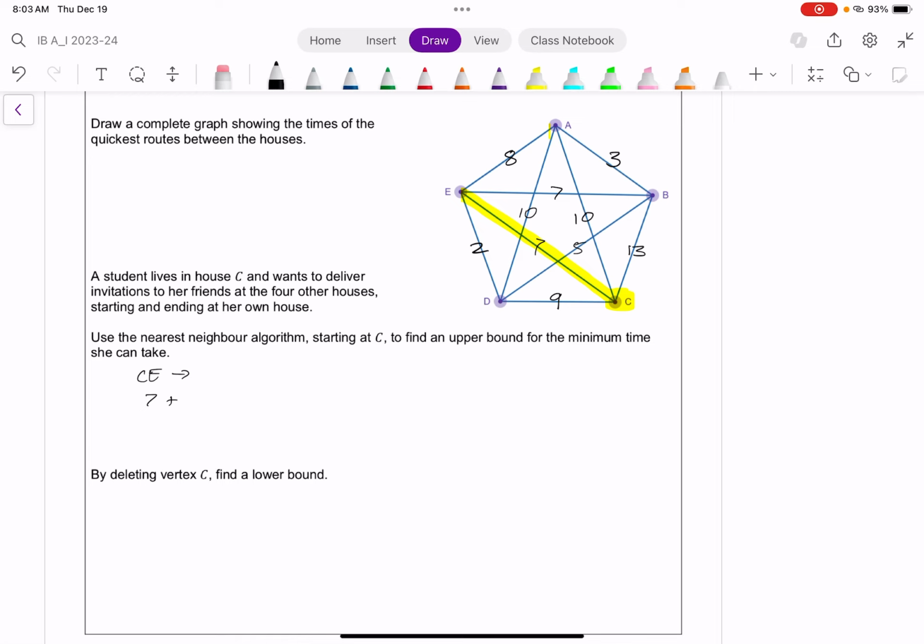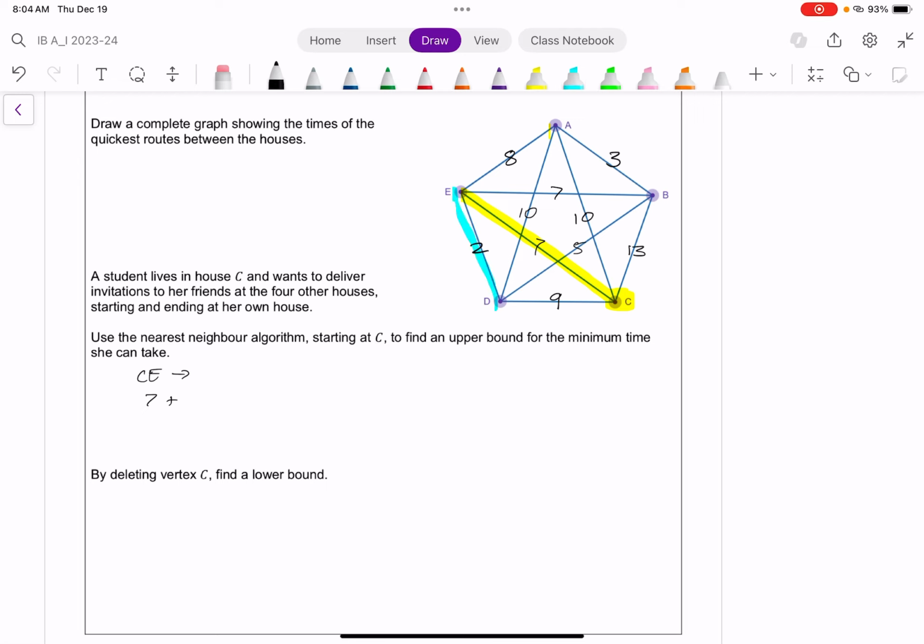any of the vertices, either C or E, I find, hold on. Yeah, the nearest. Look at any of them that haven't been visited yet. My apologies, I'm tired. I find the next shortest one is E to D, right here.